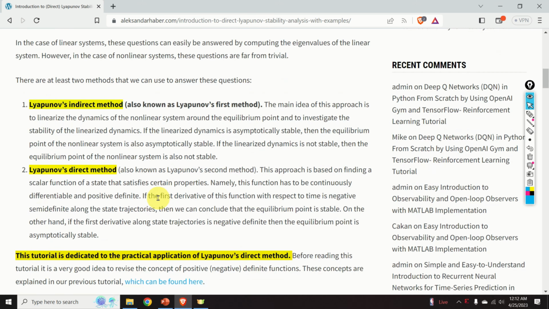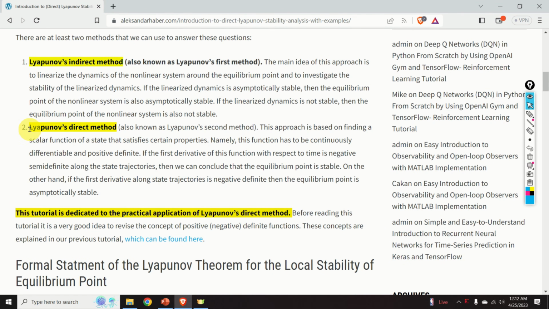The second method that I will explain in this video tutorial is Lyapunov's direct method. This method is also known as Lyapunov's second method. This approach is based on finding a scalar function of the state that satisfies certain properties. Namely, this function has to be continuously differentiable and positive definite.